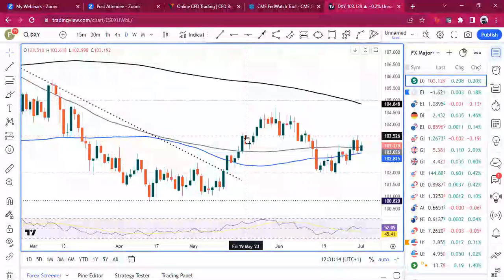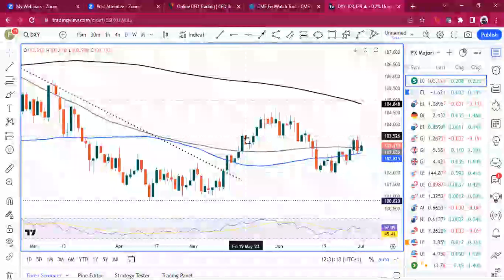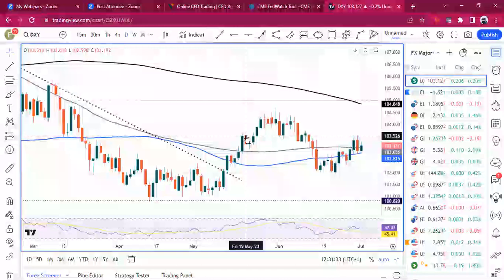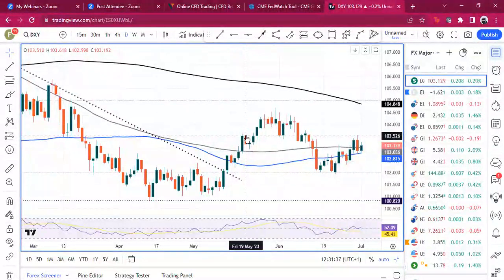And then we also had backward-looking Q1 GDP data, which was revised up surprisingly sharply. So really interesting to see all that data surprising to the upside, and that's pushing the Fed potential for rate hikes higher.